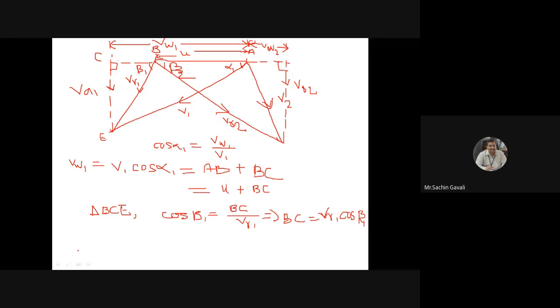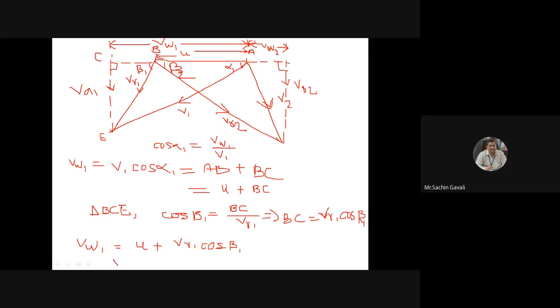Therefore, if we put this, VW1 is equal to U plus VR1 cos beta 1. And in this case, VW2 is very small.